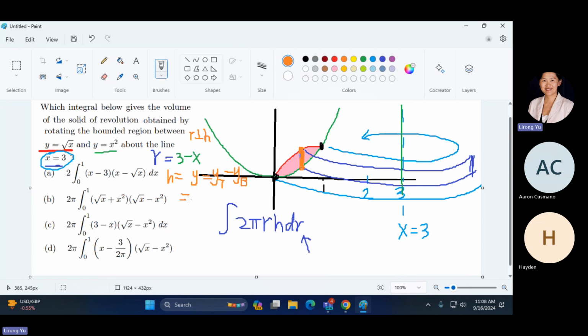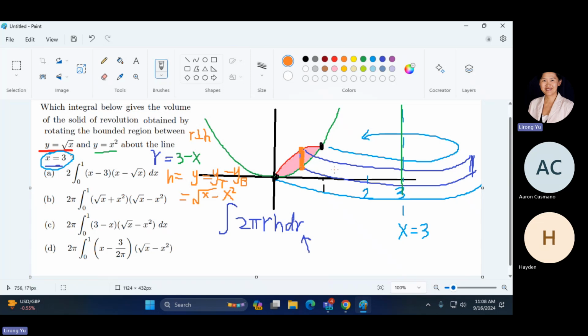And the y on the top is this value that was on the root, so it's really root of x minus x squared. The bottom is the square function. So that point is on the root, and this point is on x squared. If you want to find the y value between the two curves, you take the top one minus the bottom one, kind of like when you're trying to find the area between curves, except now we're finding this in that vertical slice of the shell. We want to find out how tall the shell is.